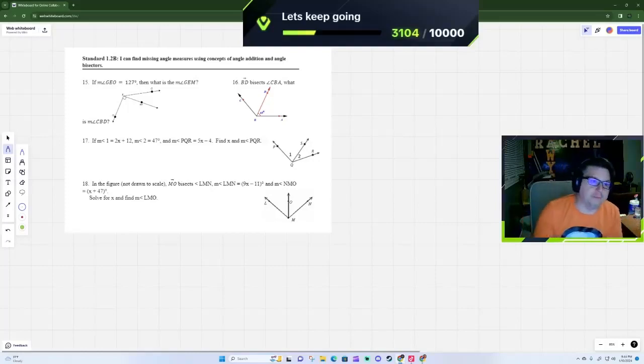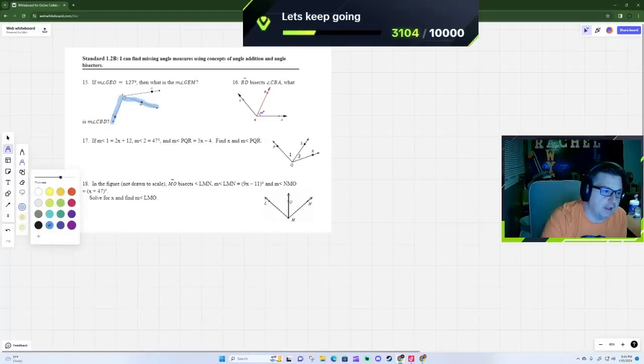All right. So let's look at number 15. We have this angle. Then we have this angle. And if we put those two together, a piece plus a piece equals the whole angle. Okay? So that's what we're going to focus on for this problem.